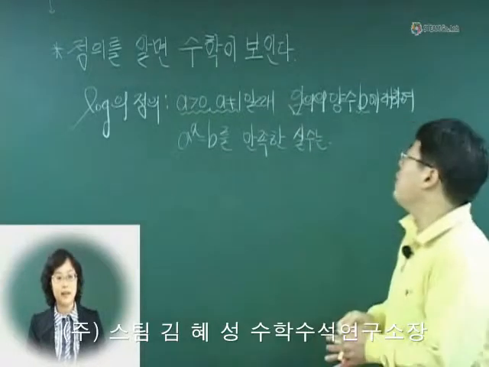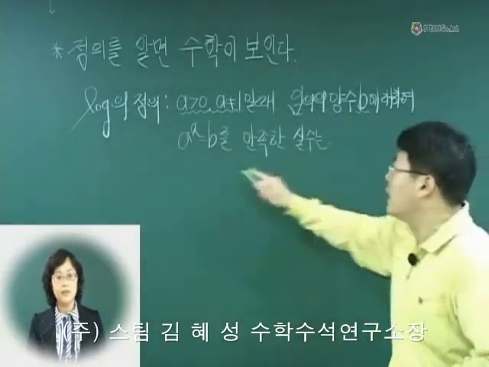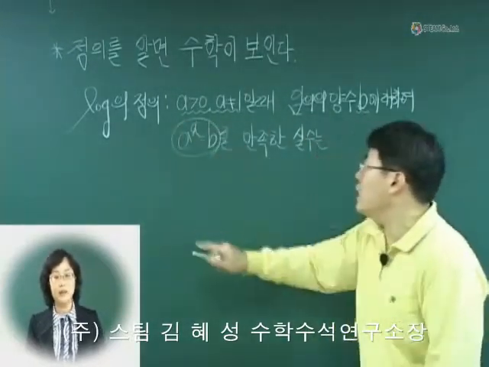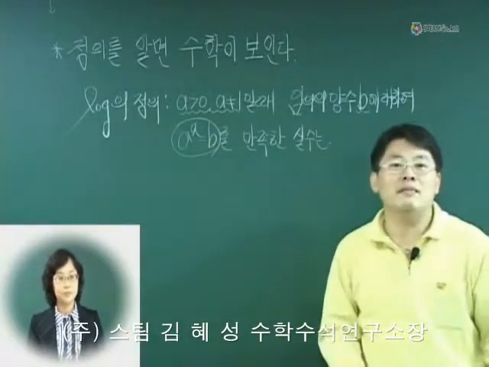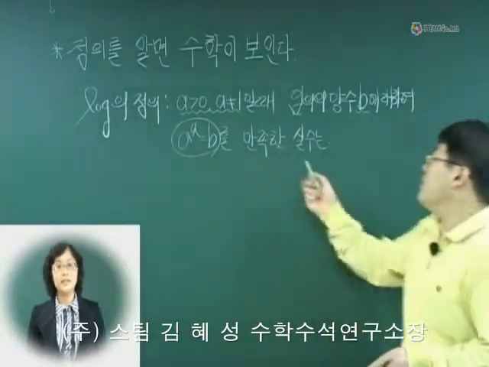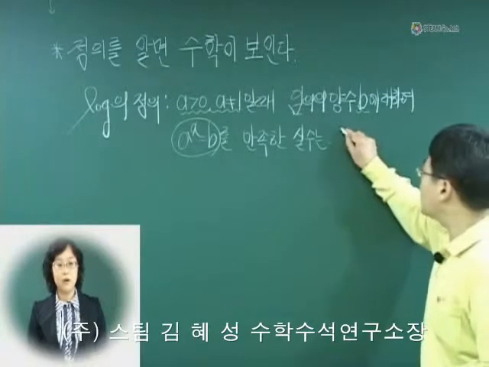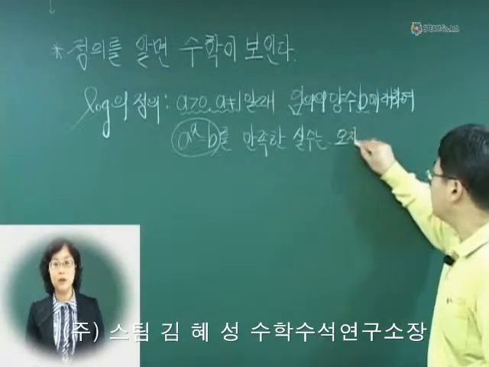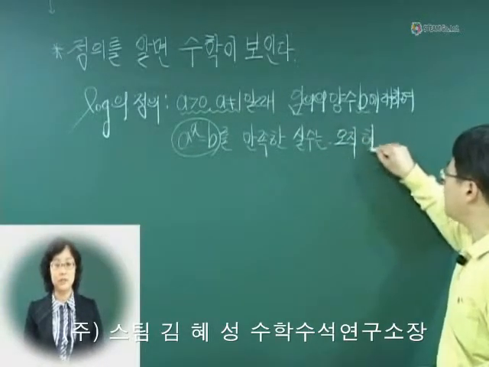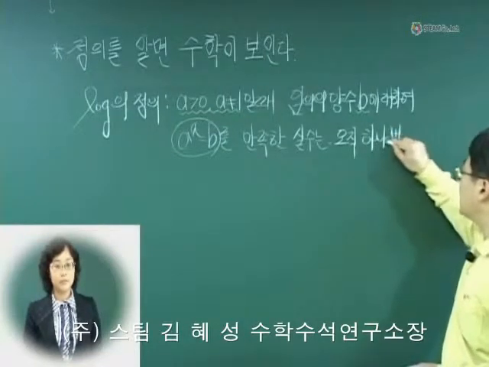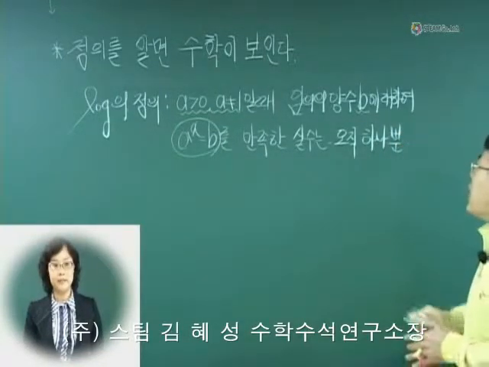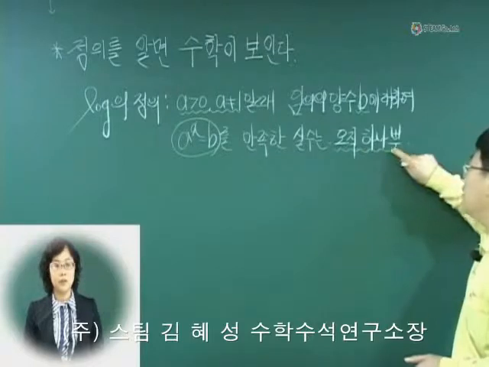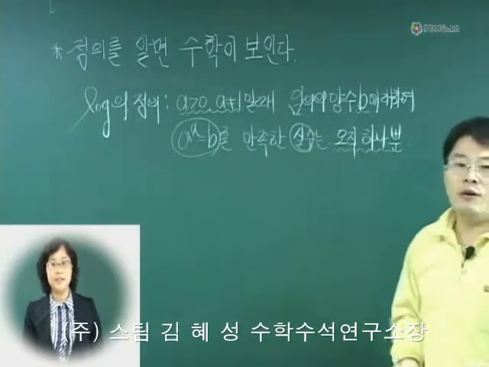Since the main bodies are a and b, this is the equation about a and b. It is only one. There is only one real number that satisfies this equation. Since it is only one real number, why do we apply this real number?